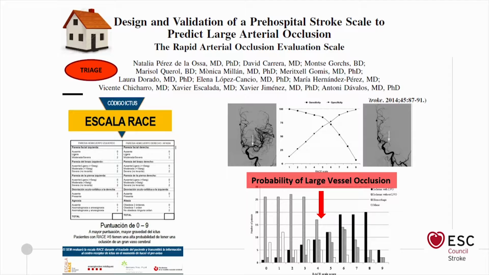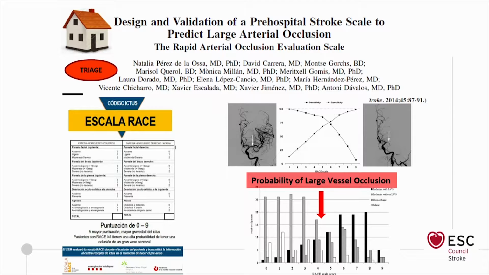It's a bit complex, and the RACE scale is a simplified NIHSS with fewer items, with a range from 0 to 9. If you have a RACE scale higher than or equal to 5, you have more than 80% possibility of having a large vessel occlusion. So we know before the patient arrives to the hospital that she is probably a candidate for endovascular treatment.